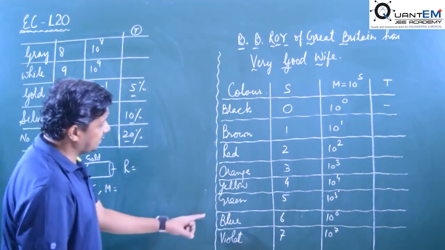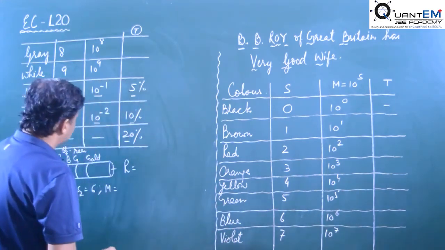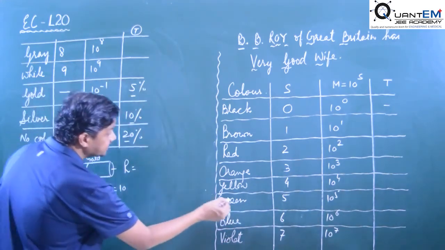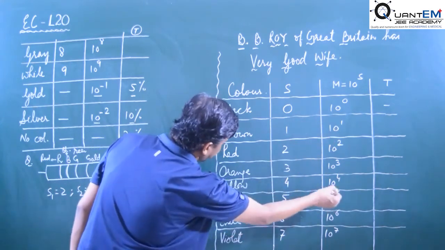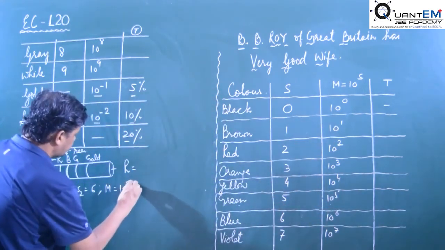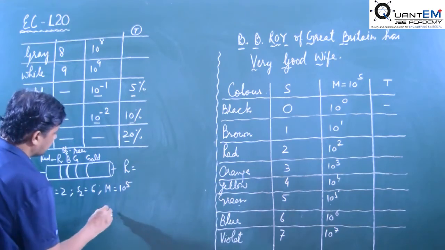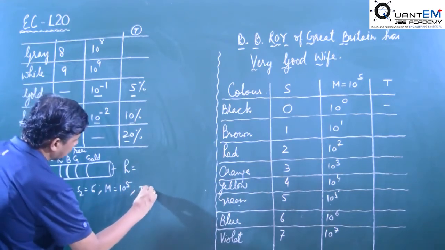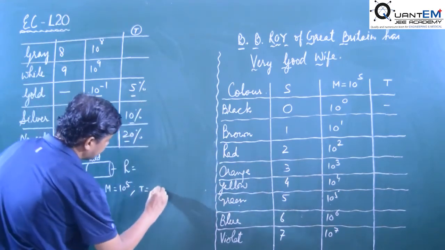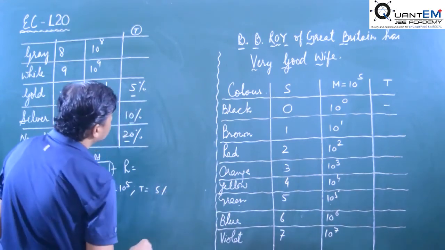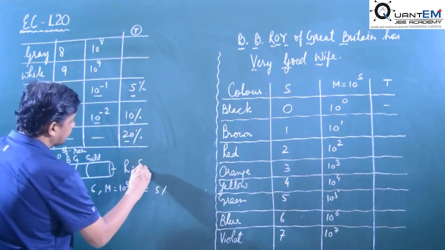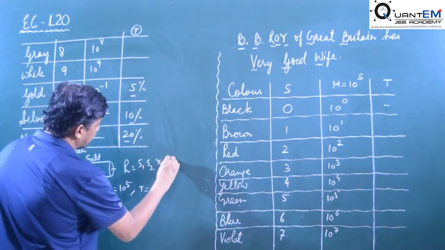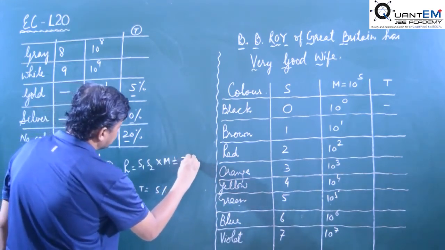So what is the multiplier value for green? That is 10⁵. Here we have to take multiplier value 10⁵. And for golden color, what is the value of tolerance? Tolerance is here 5%. So what's the formula? According to formula, it is S1 S2 into multiplier plus minus the tolerance value.